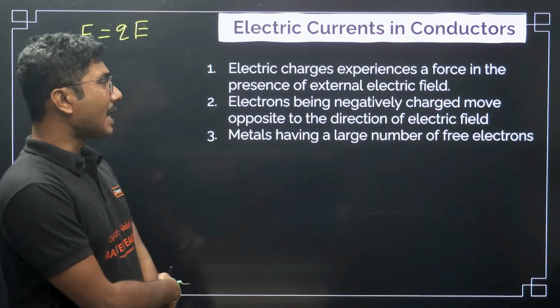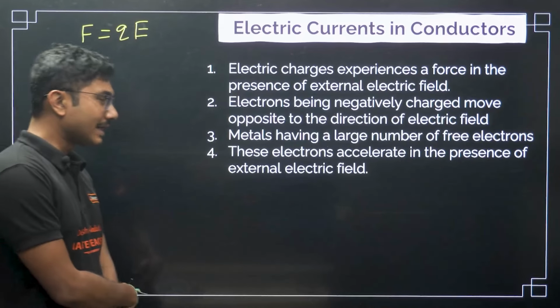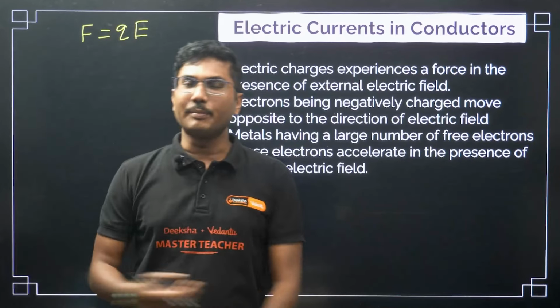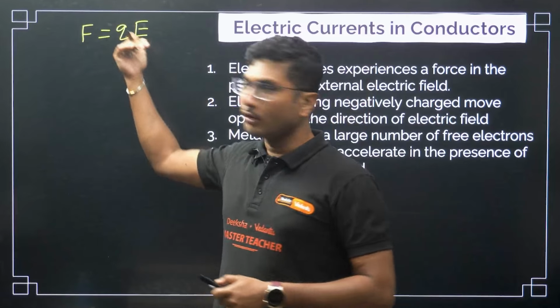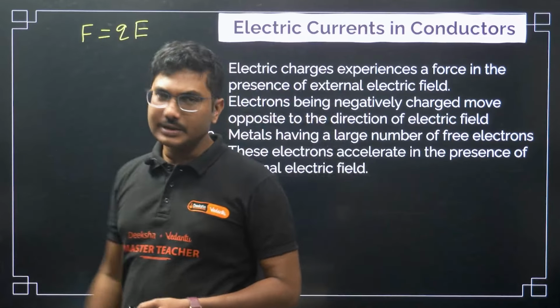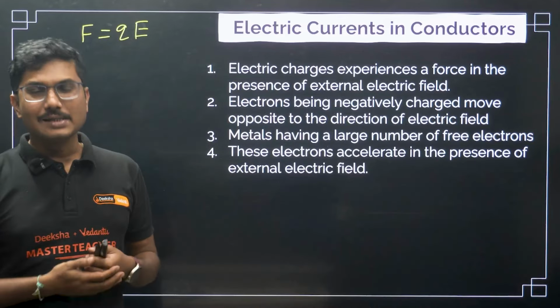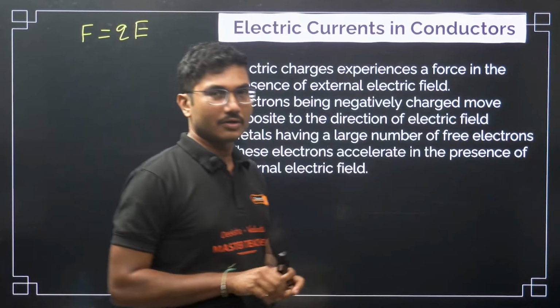Metals have a large number of free electrons, and these electrons accelerate in the presence of an external field. Obviously charges move, and electrons are also charges, so they will also move. Metals are basically called a sea of electrons.